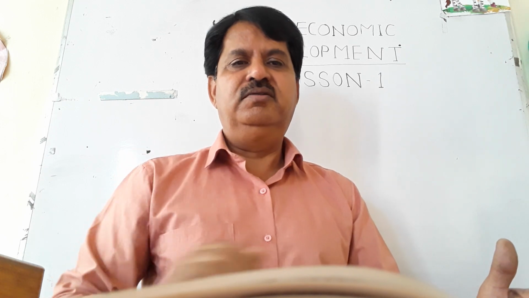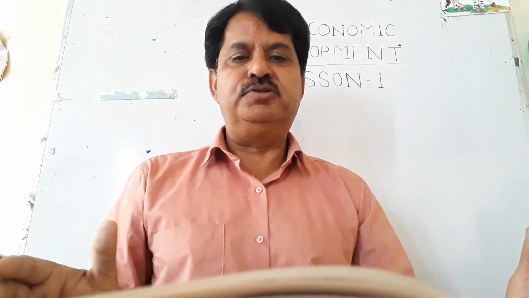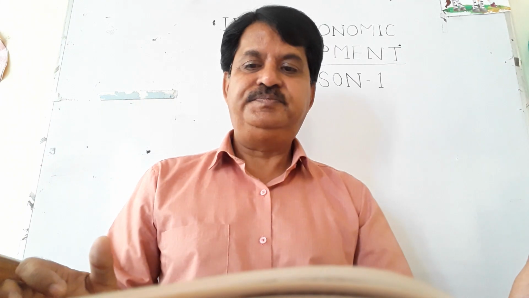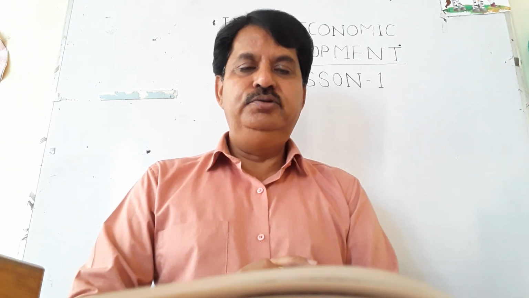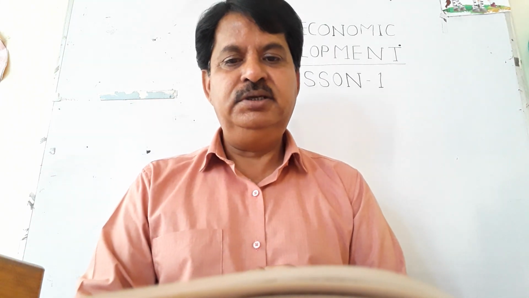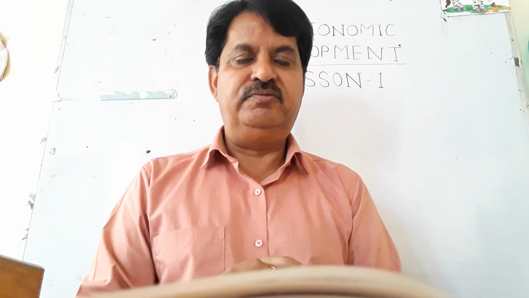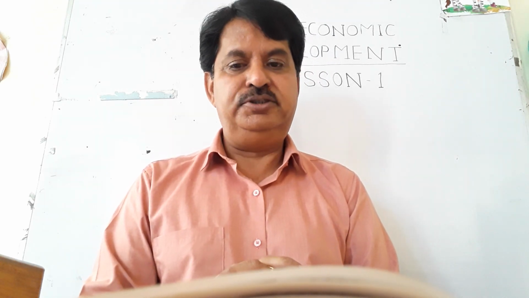Now we see what was the focus of the economic policies pursued by the colonial government in India, and what was the impact. As I told you in the previous question, India had to remain under the rule of the British government for more than 2 centuries.